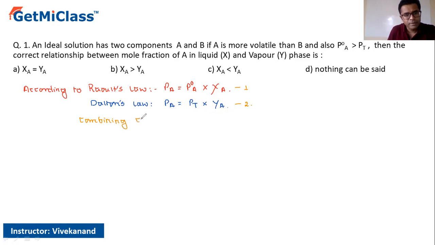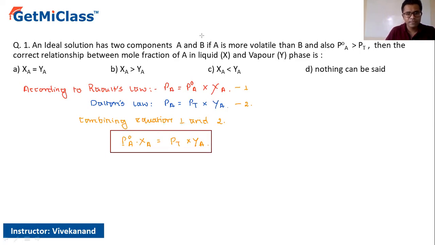Combining equations 1 and 2, we have P naught of A into XA is equal to PT into YA. So this is the expression we will land up with.